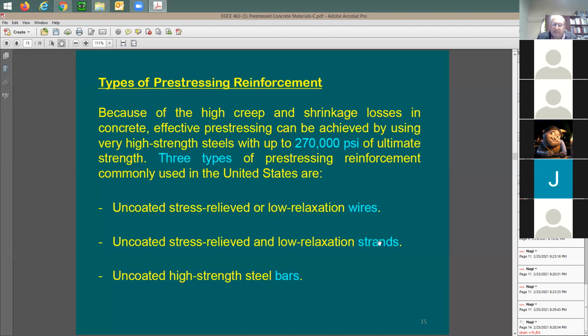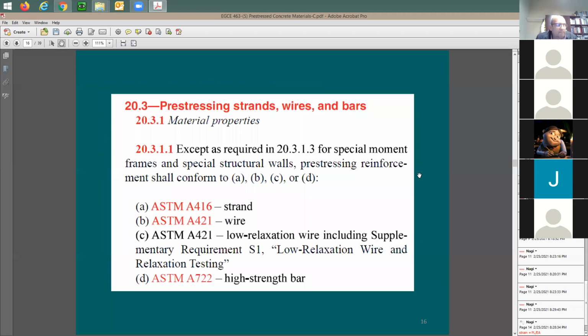The strand that we're going to be using usually is called ASTM A416. And it's going to have an ultimate strength of 270, 270 KSI. So here we go. The strand is going to be 416. The wire is going to be 421.